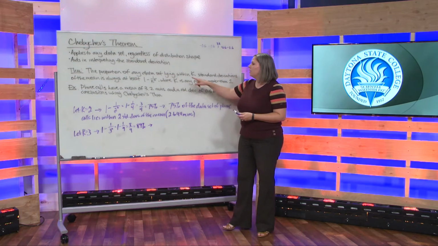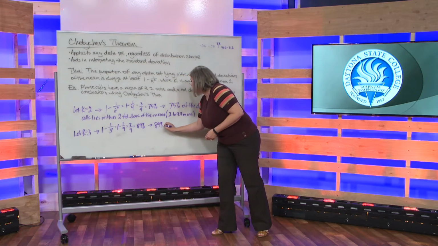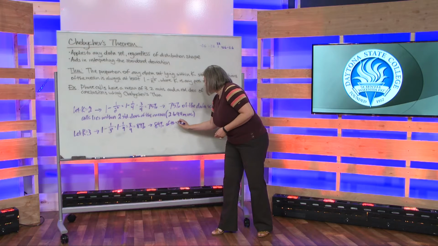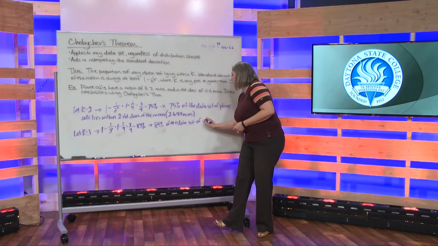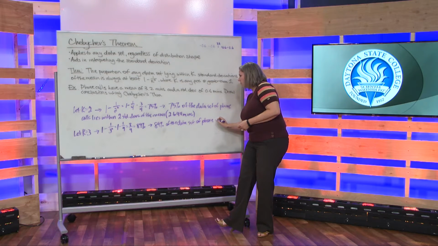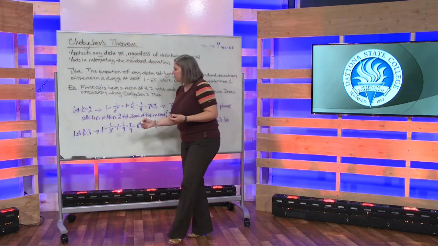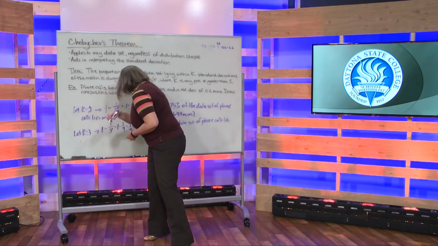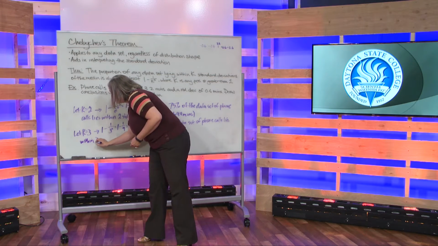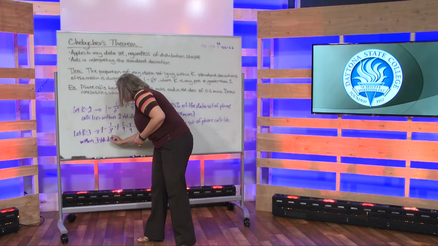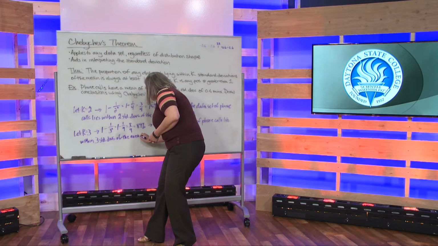So again, plugging it into this generic statement, I'm now going to have 89% of the data set of phone calls lies within 3 standard deviations of the mean.